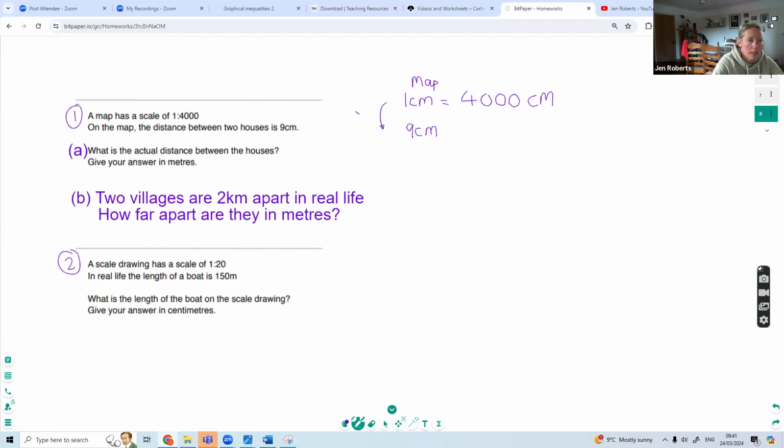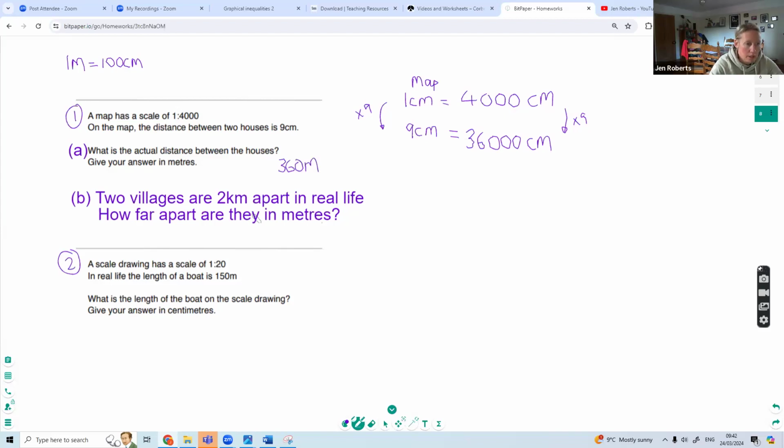Times 9, times 9. Times this by 9, we get 36,000 centimetres. We want our answer in metres. 1 metre is 100 centimetres, so we're dividing this by 100 to get into metres, so 360.